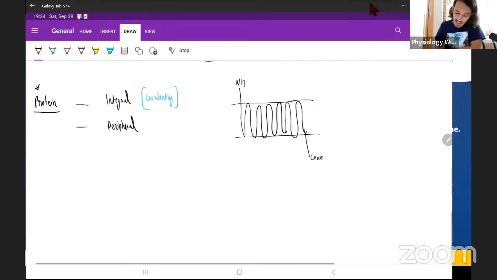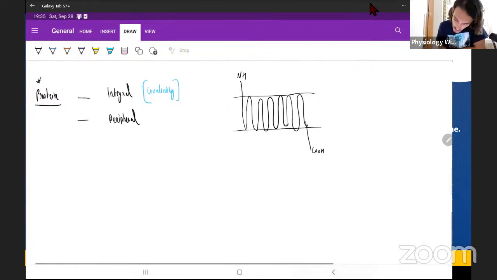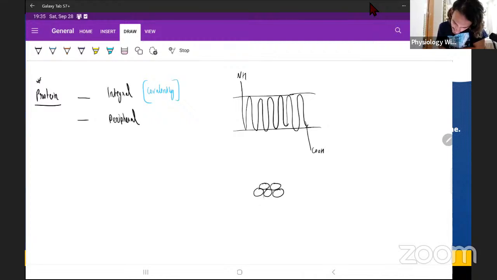Just to make it a little easier for you to understand properly, 1, 2, 3, 4, 5, 6, 7.